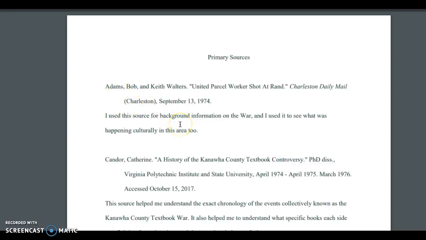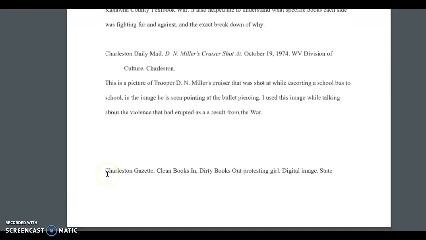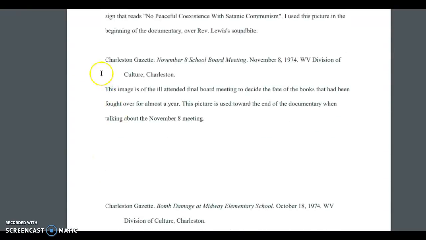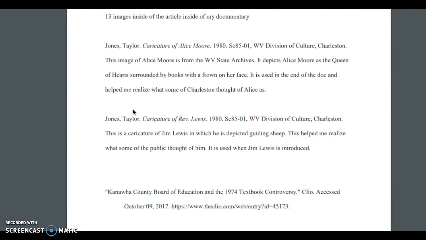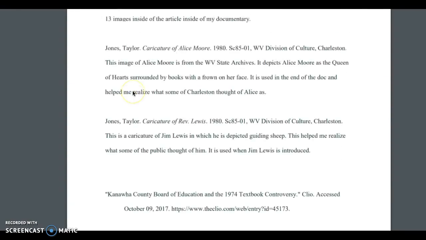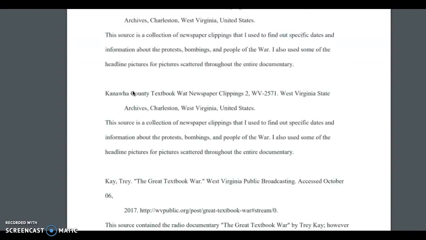Then there is information about how the source was used. This is exactly what it should look like, and it should also be in alphabetical order by the first word in the citation. This one's formatting is really weird. I don't know why there's so much space between all of these, so make sure that yours doesn't have that.